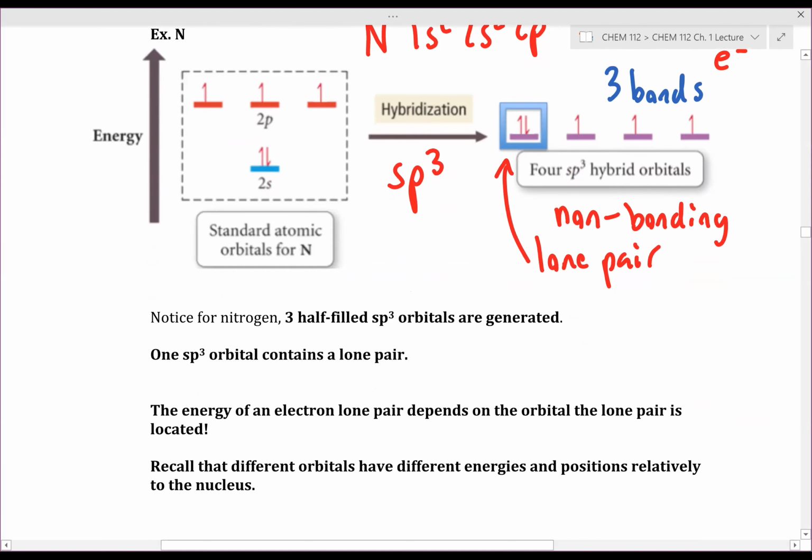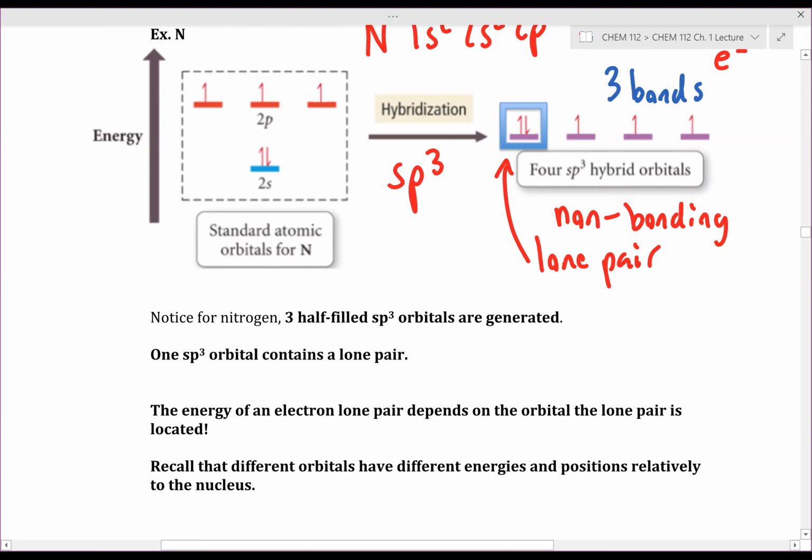Just another side note, if we compare this lone pair in the 2s orbital to the lone pair in this hybrid orbital, do these lone pair electrons have the same or different energies? Different, right? We visibly see on the energy chart that they have different energies.